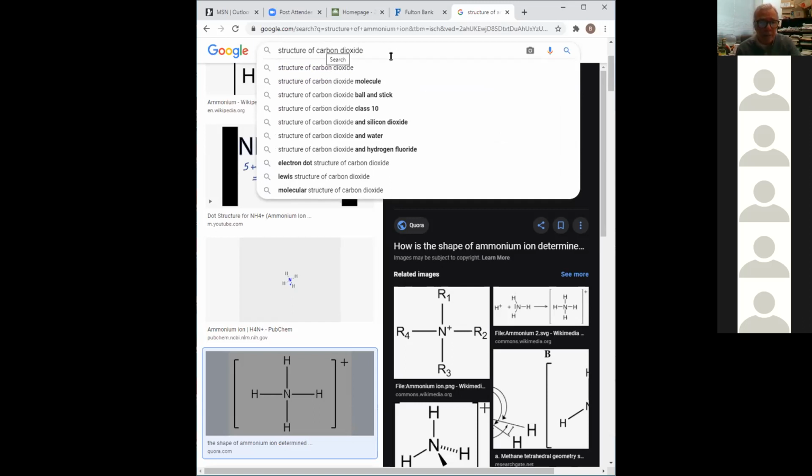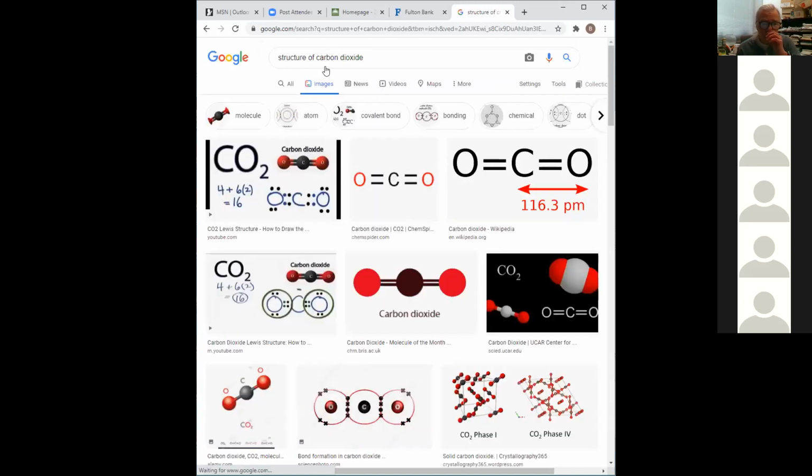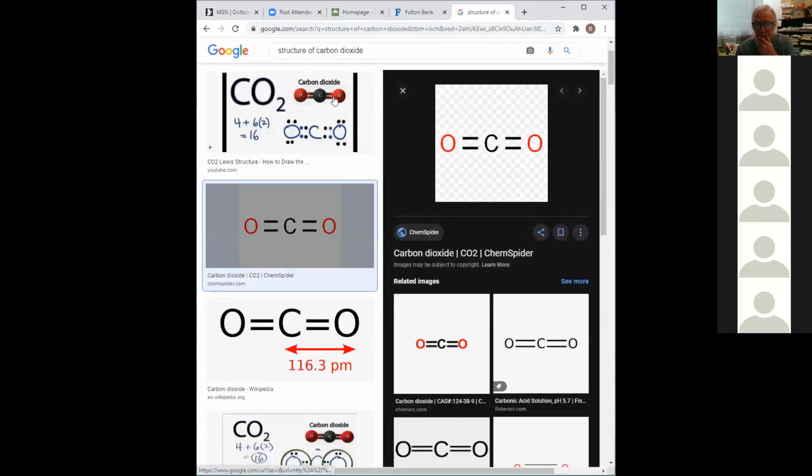Yeah, right here. There it is. That's CO2. So atoms can share more than 1 pair of electrons. This is called a double covalent bond. Okay? And everybody's happy because carbon has 1, 2, 3, 4 bonds. Each oxygen has 2. Everybody's happy.